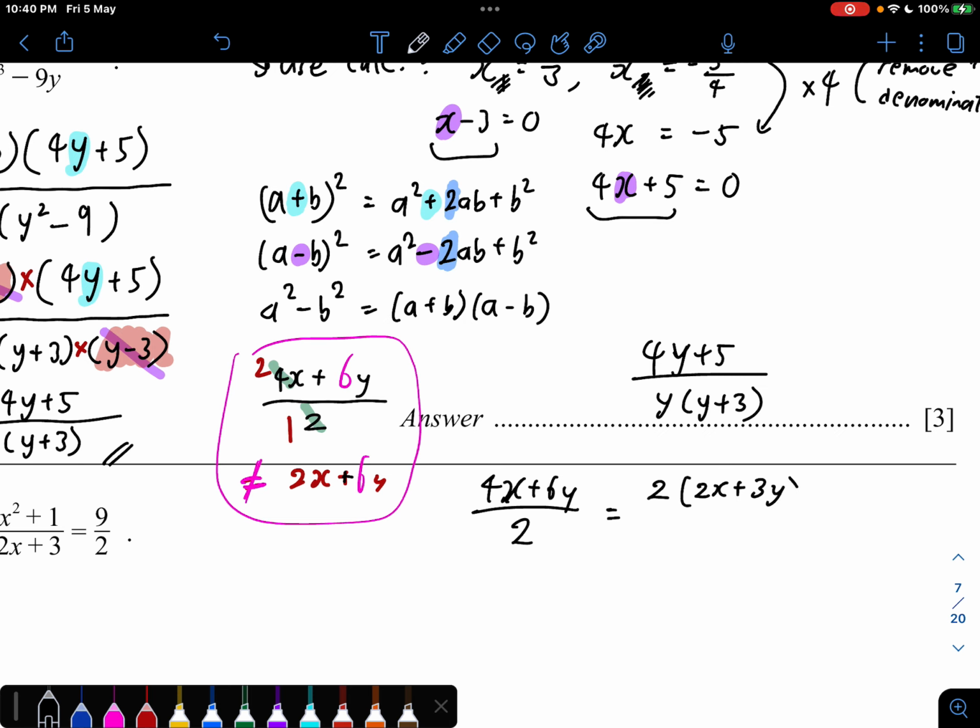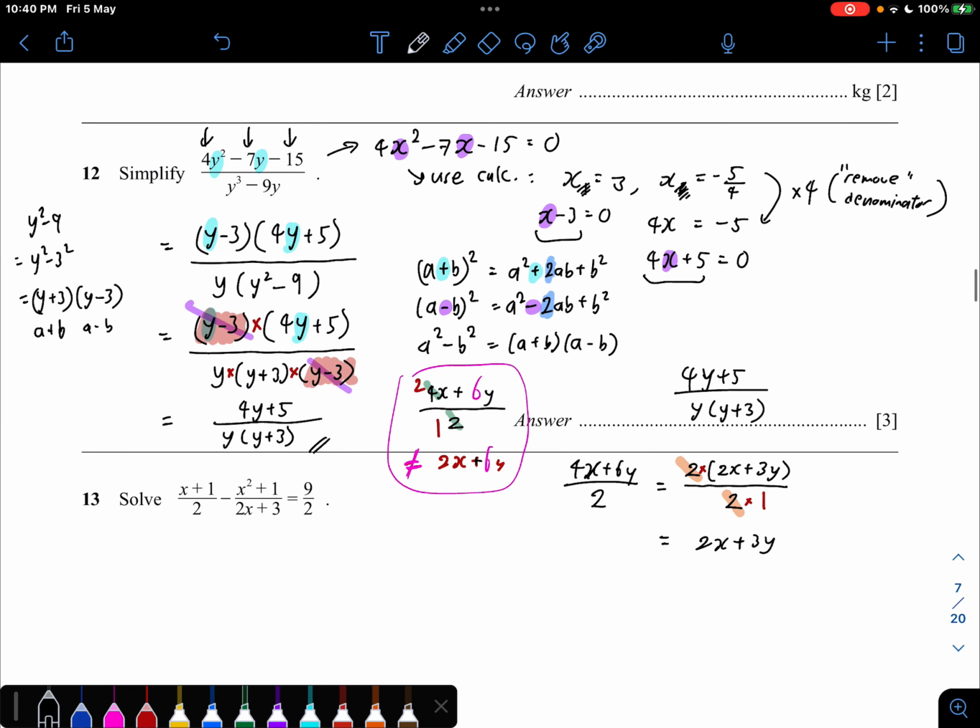I hope you can tell there's a common factor of 2 between 4 and 6 over 2. Then because this is now 2 times 2x plus 3, this is sort of like 2 times 1. There's a common factor of 2, so they can cancel away. Then you're left with 2x plus 3y. A simpler way to remember this is just factor first, then cancel. Okay, factor first, then cancel.